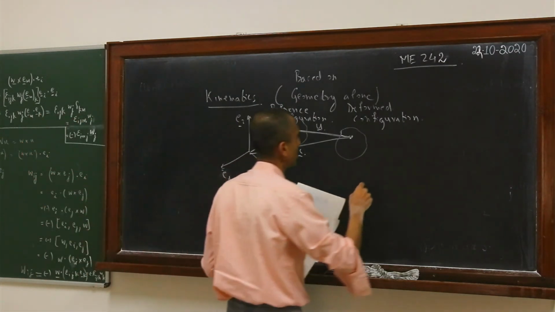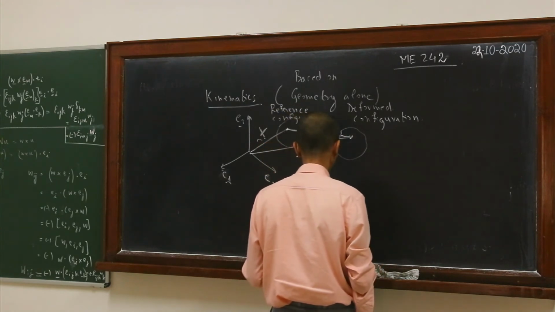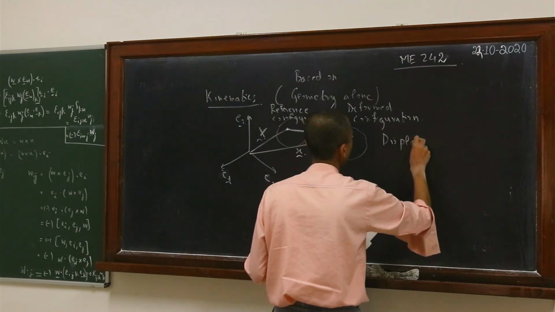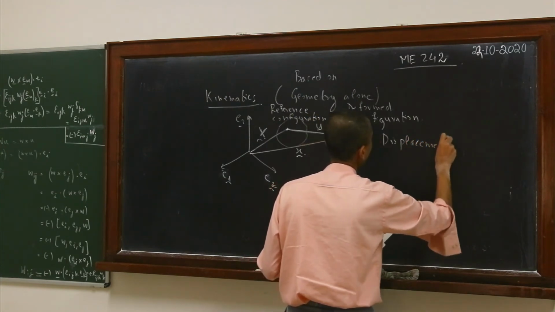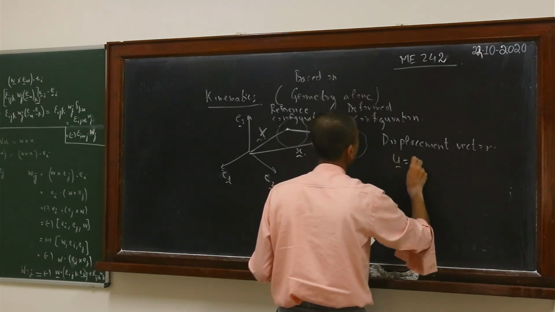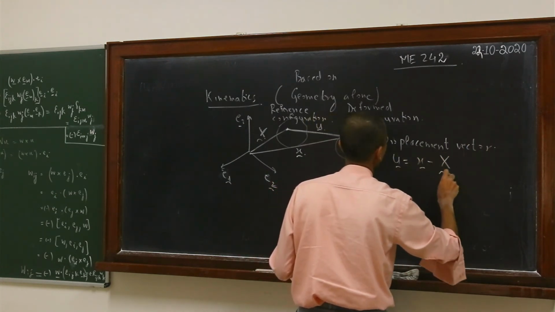So your displacement vector U is equal to small x minus X.